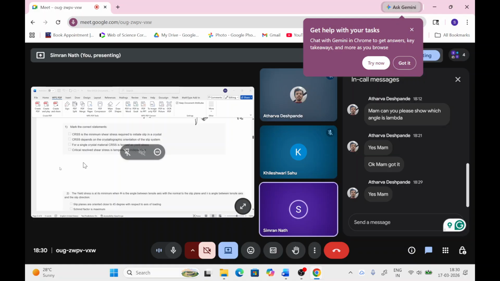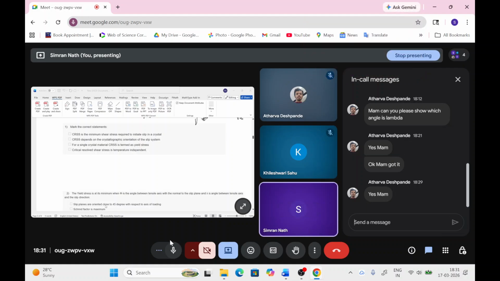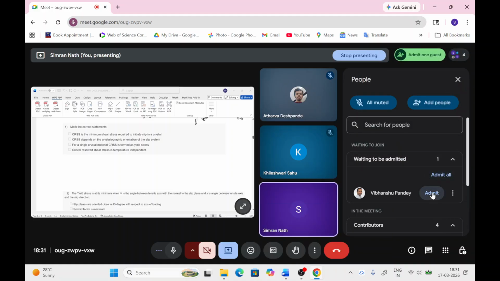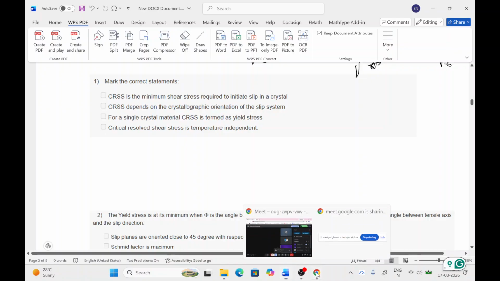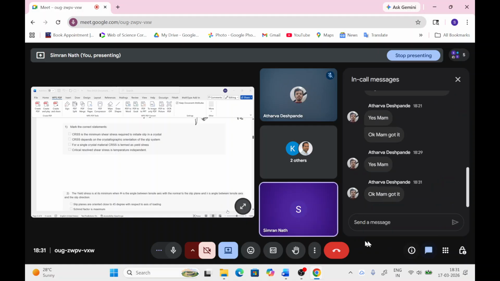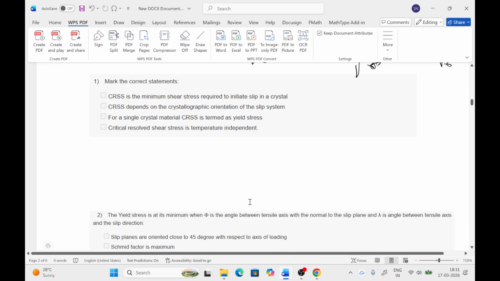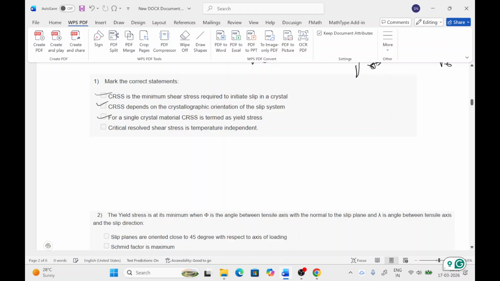With increasing temperature, some more slip systems, meaning planes and directions, will activate at high temperature, so the resolved shear stress will change at high temperature. So the first, second, and third options are correct.